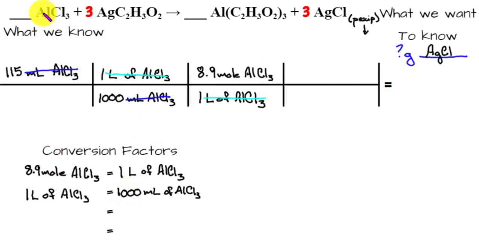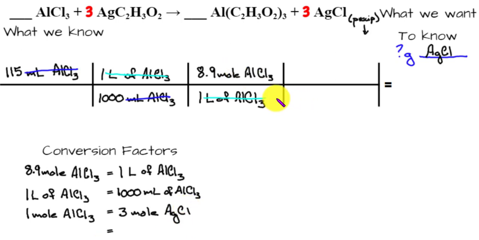So how many moles of aluminum chloride and how many moles of silver chloride? For every 1 mole of aluminum chloride, I get 3 moles of silver chloride.